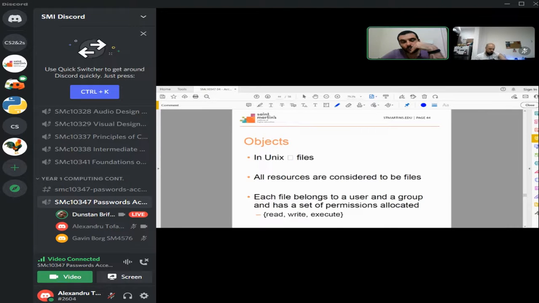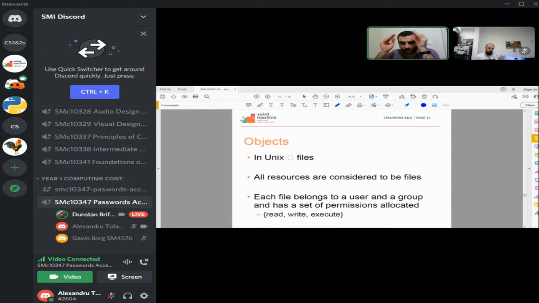Now also, we have the idea of objects, right? Every resource in Unix is considered to be a file. A file is an object, and everything is a file. Even on Linux, if you're using Ubuntu and you put in a flash drive, a USB drive, or your hard disk, everything is really considered as a file, not, for example, like Windows as a drive with different settings and different permissions.